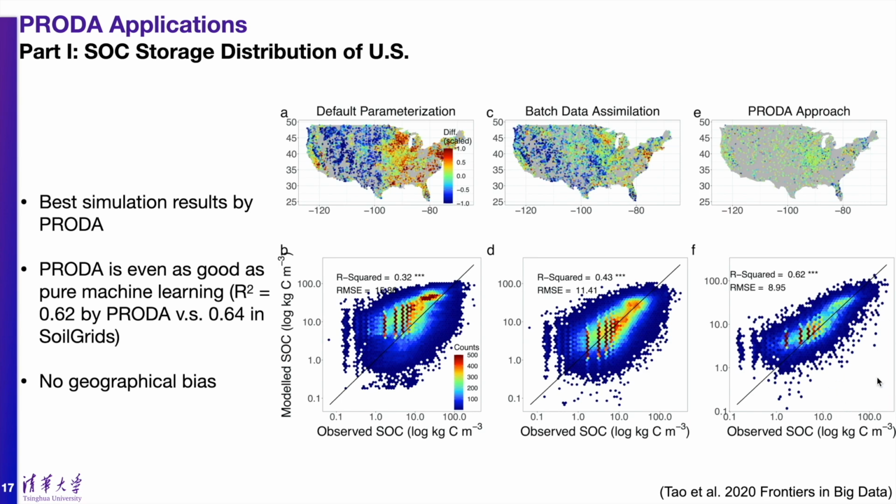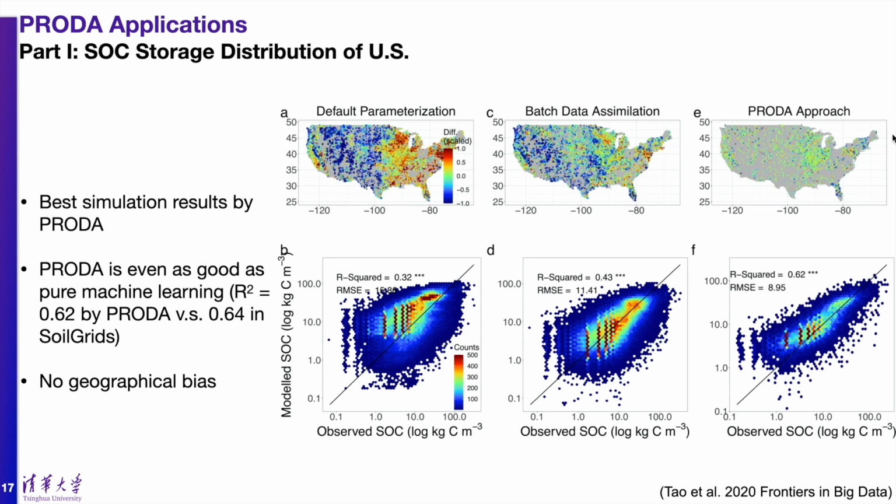The PRODA approach can help us to precisely describe soil carbon distributions by the process-based model at the continental scale. To further illustrate the advantage of the PRODA approach, the upper panels of this figure present the spatial bias of model simulation by different methods.